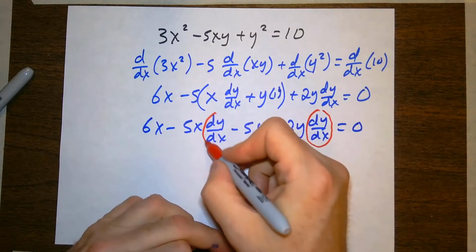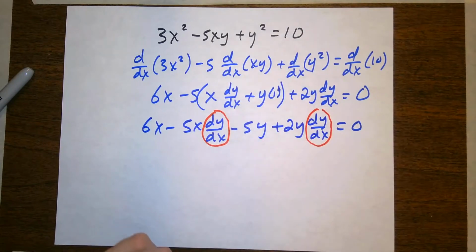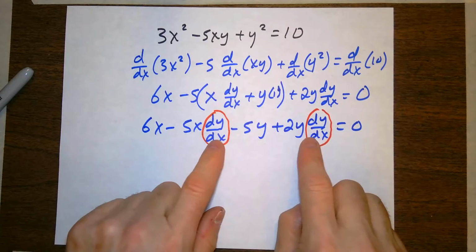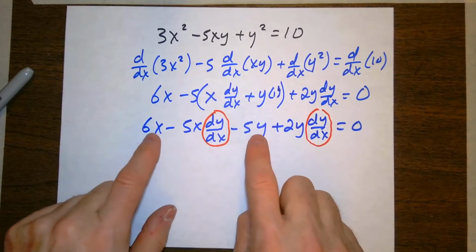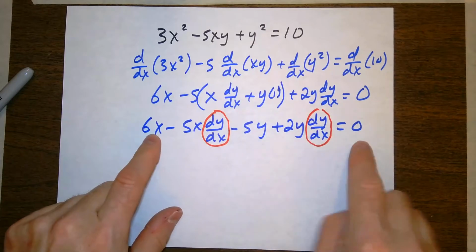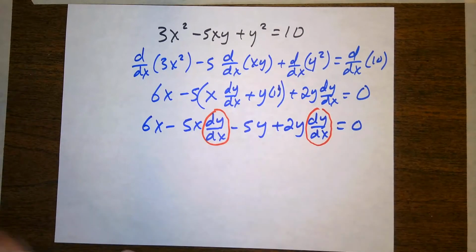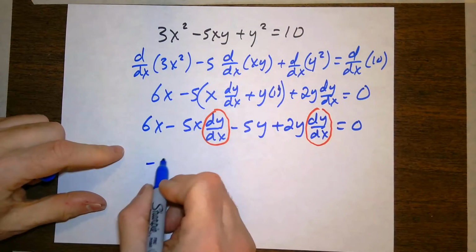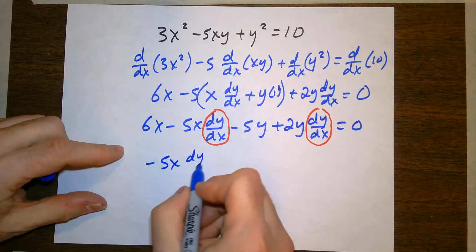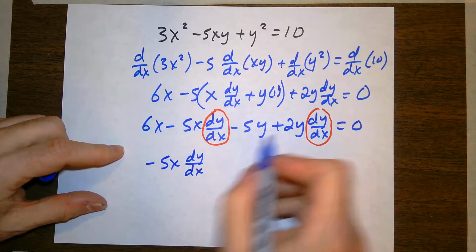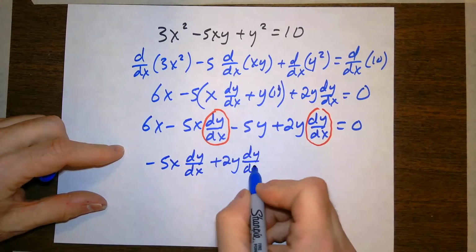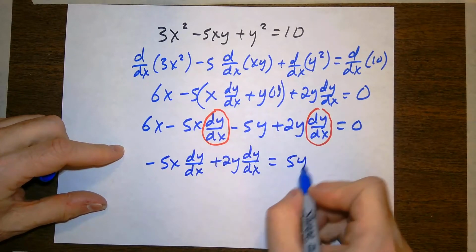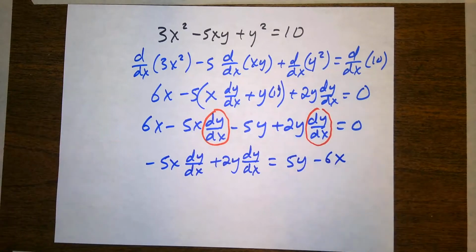I want to get those alone by themselves. All right, so I've got 2 terms that have the dy/dx's in them and 2 terms that don't. First, I'm going to get rid of these. I'm going to add 5y and subtract 6x on both sides. And I will have negative 5x dy/dx plus 2y dy/dx equals 5y minus 6x.